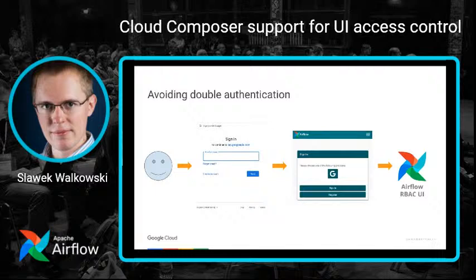So one is through Cloud Identity Aware Proxy, and the other one is in Airflow RBAC itself. And if we keep them both configured the default way, the user would need to authenticate twice, essentially. Like first here in Cloud IAP, and then again they would get this screen, and they would need to sign in through Google here as well.